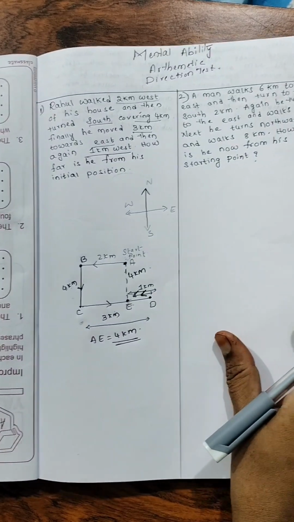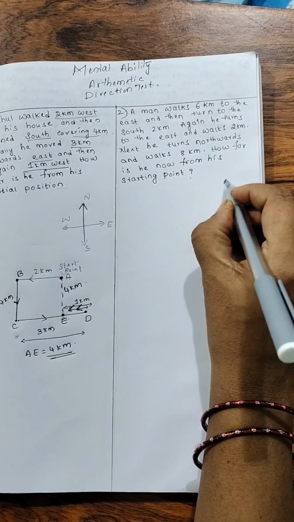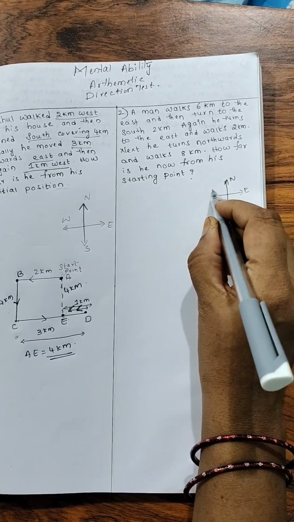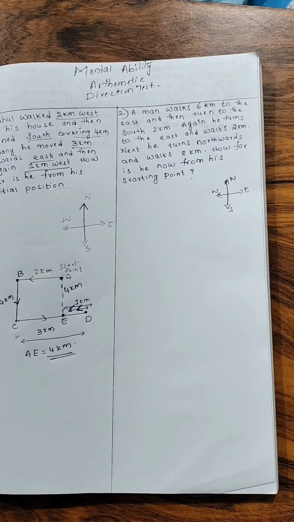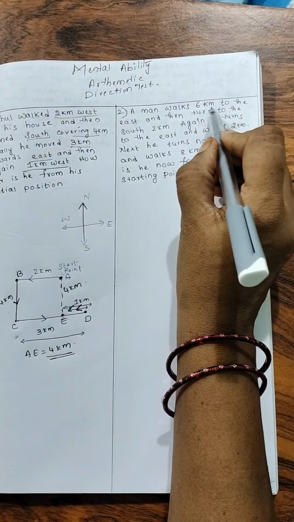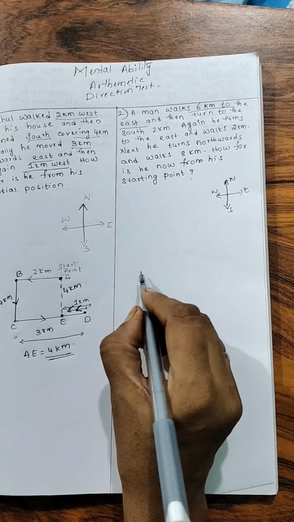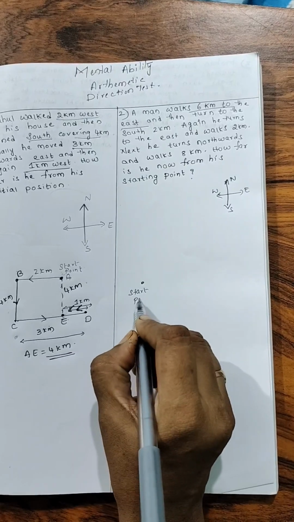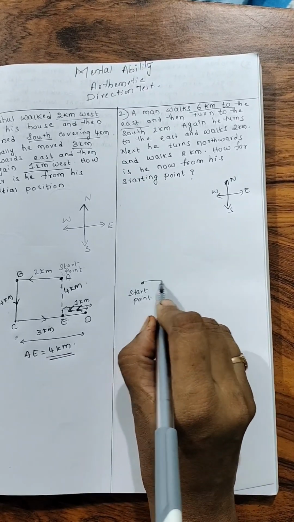Right? Now let us go for the next question. First, draw the directions: north, east, west, south. First, what he said: a man walks 6 kilometers to the east. So I'm keeping this as the start point. 6 kilometers east.